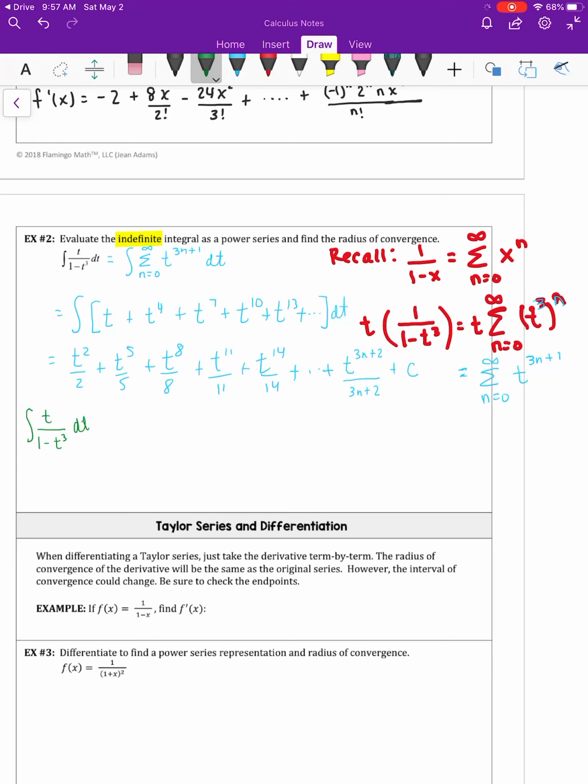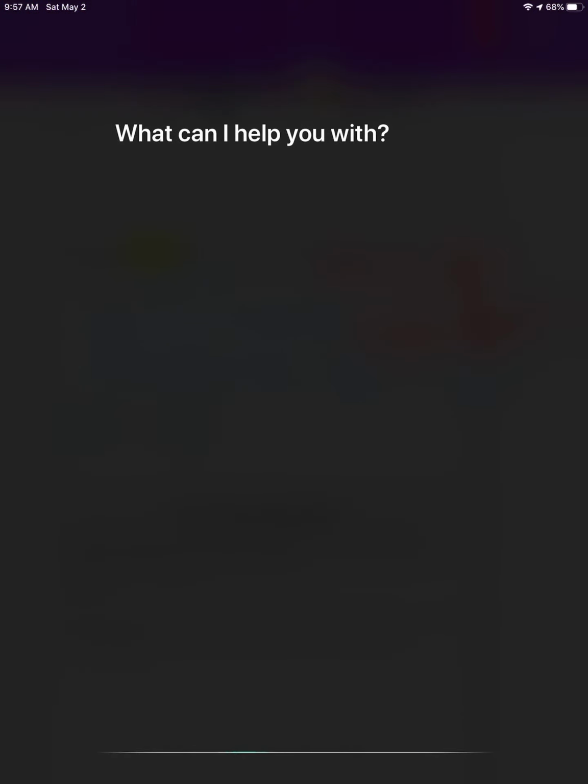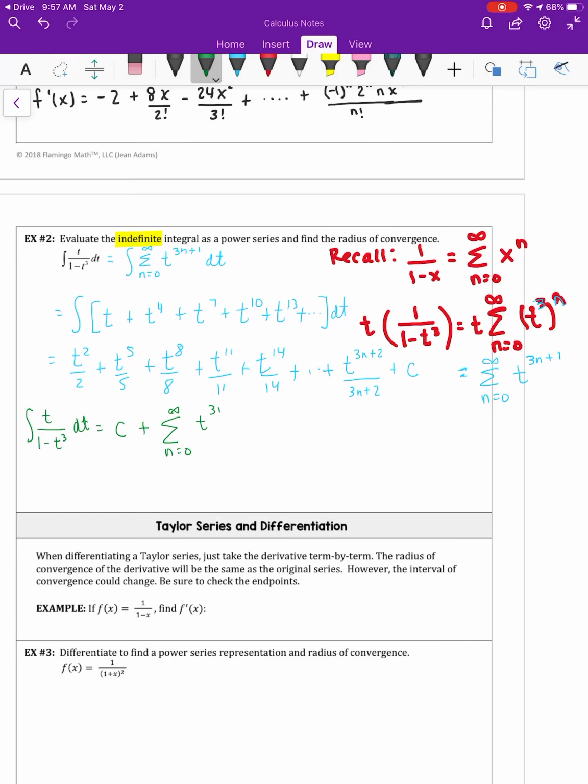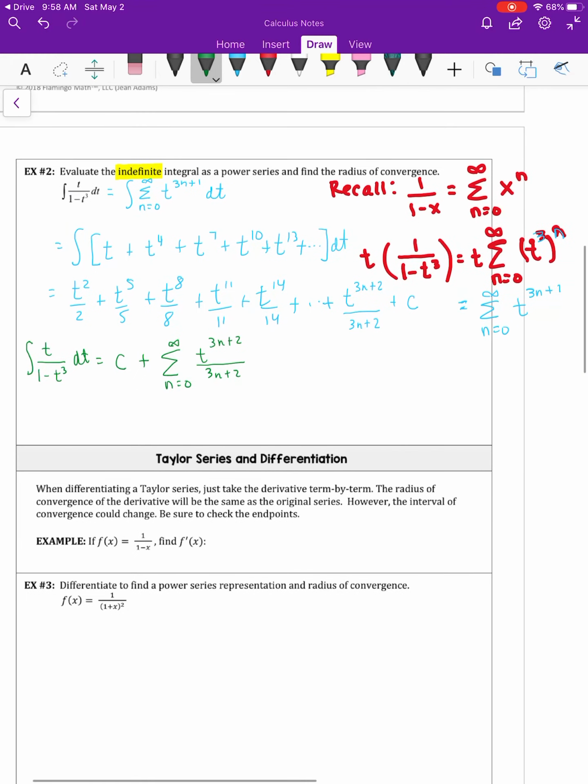So now what we just decided here was that the integral of t over 1 minus t cubed dt is equivalent to c plus the summation from n equals 0 to infinity of t to the 3n plus 2 over 3n plus 2, okay?